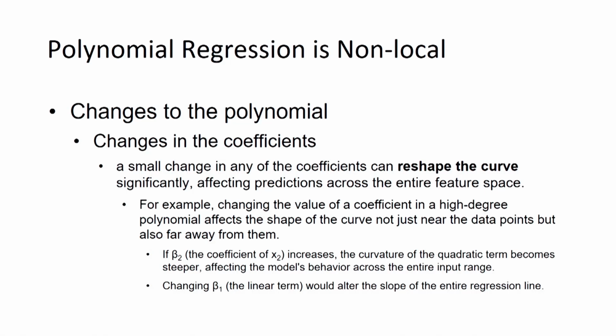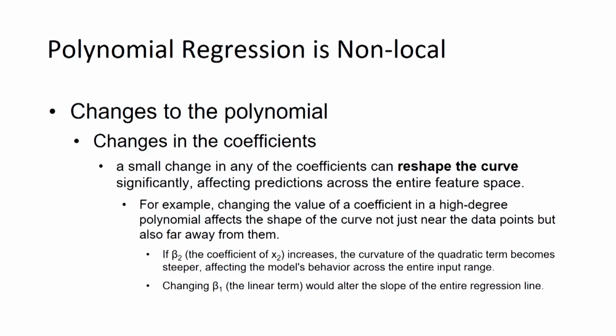For example, suppose we change only the coefficient beta 2, the coefficient of x2, one of the features. If beta 2 increases, the curvature of the quadratic term becomes steeper, and definitely it will affect the model's behavior across the entire input space.